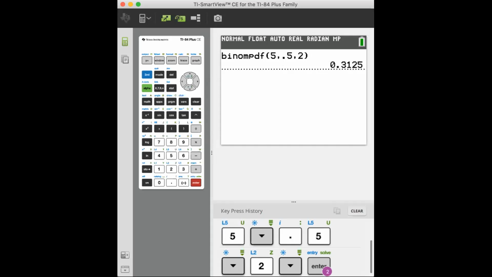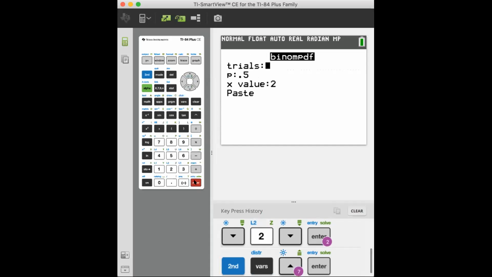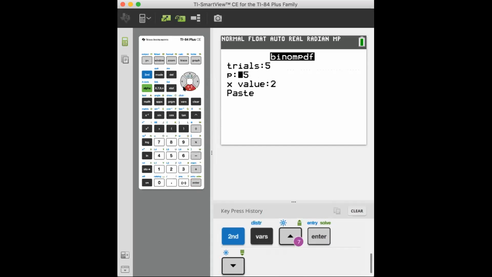Okay, go for it, Maddie. I'm kind of confused because I went to the second bars and I went to the binom PDF. But where do you enter it? Because I have all of the values in now, but it just says paste. I don't know what to do after that. Oh, yeah, press enter on the paste.